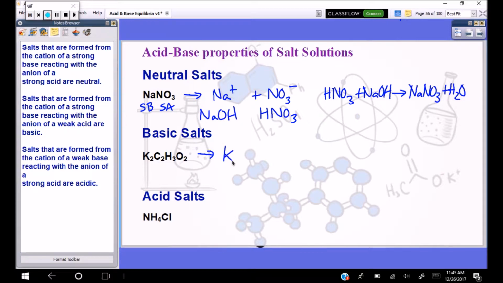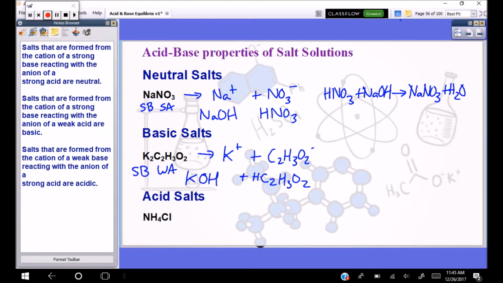If we have K+ and we've got acetate, C2H3O2-, what this really means is that it came from KOH, which is a strong base, and the anion would come from acetic acid, HC2H3O2, and that is a weak acid. So sure enough, we've got strong base, weak acid.